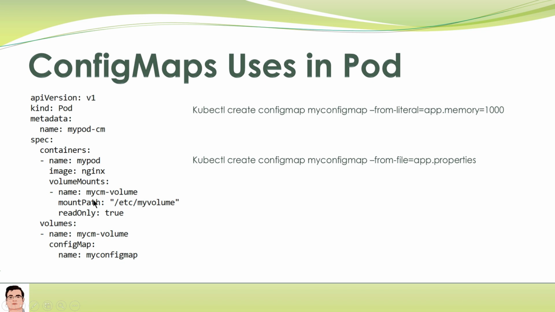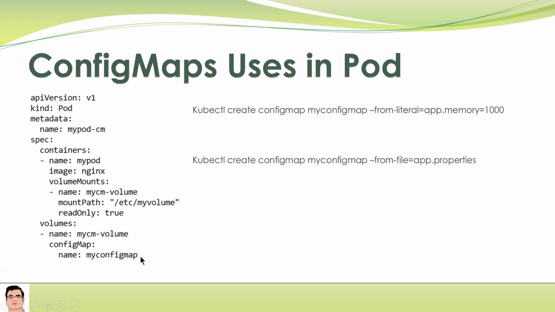The mount value, this is what we were talking about a few minutes back, that you can allocate, meaning you can do a binding type of thing, the mounting of a path. So this is the path of the container where all the environment-related values from my config map will be saved.